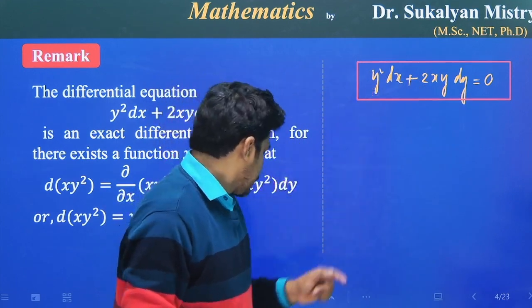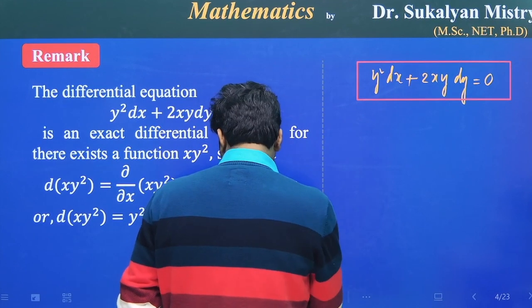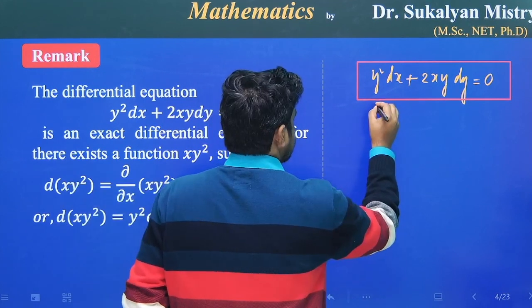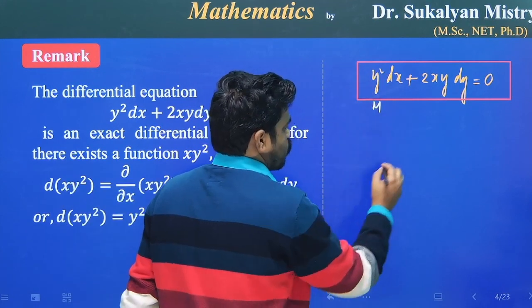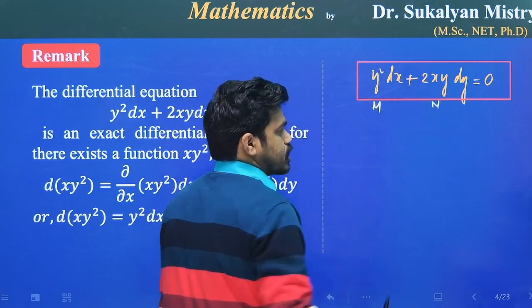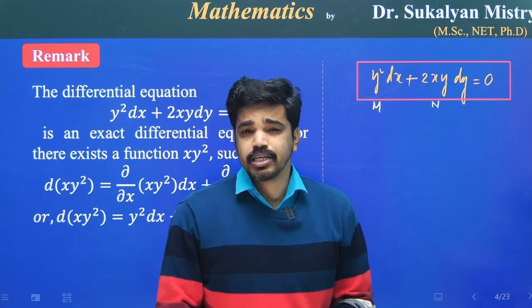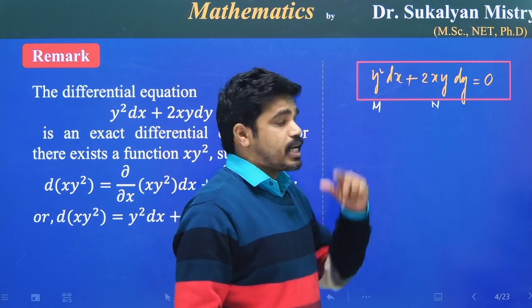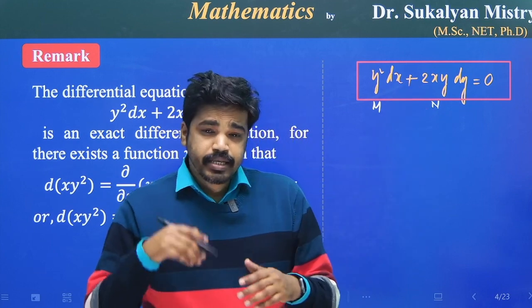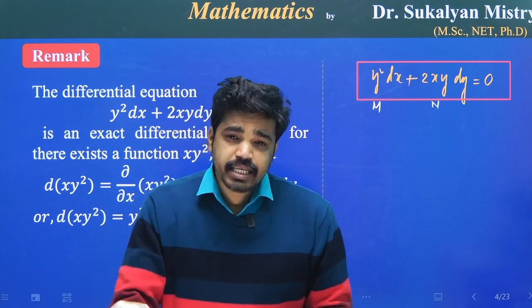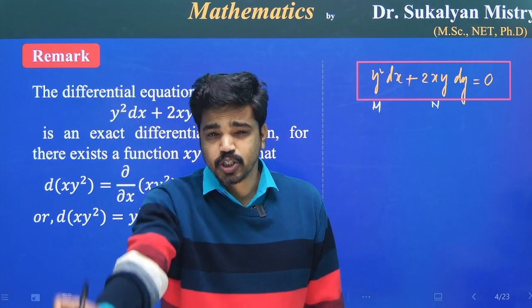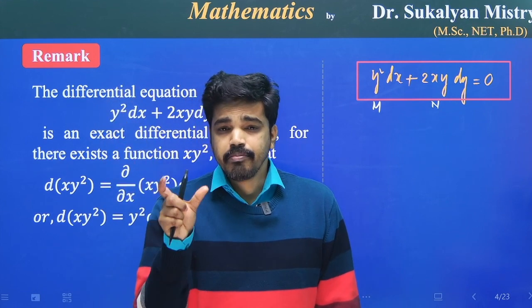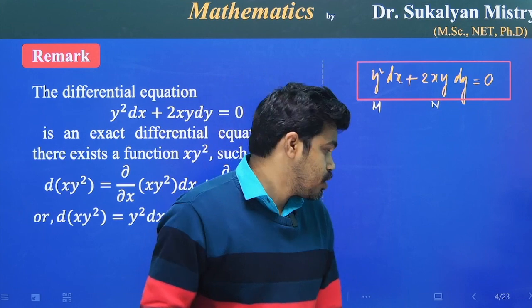Then what is M here? M is y square. What is N? N is 2xy, so M dx plus N dy is equal to 0. Then when will we call this exact? M dx plus N dy is said to be exact if there exists a function f(x,y) such that M dx plus N dy is equal to df.